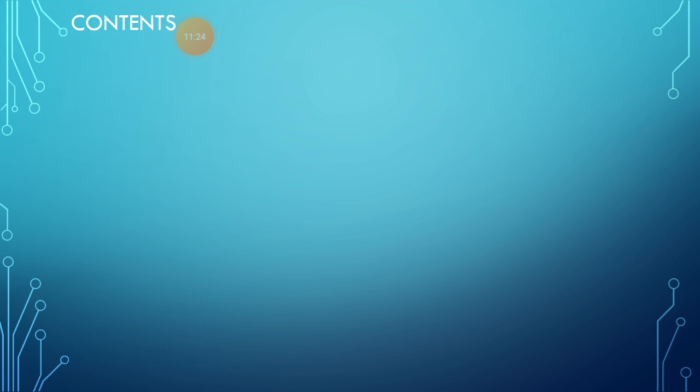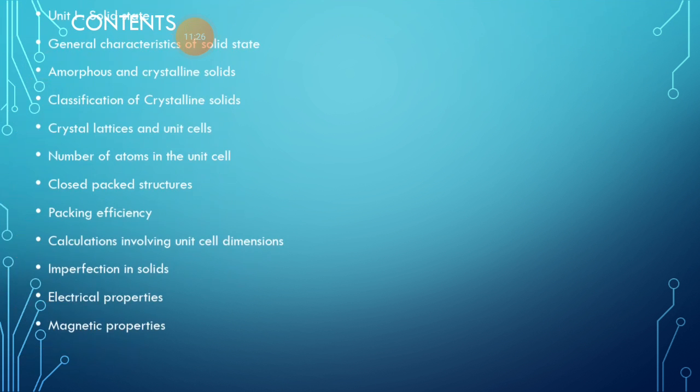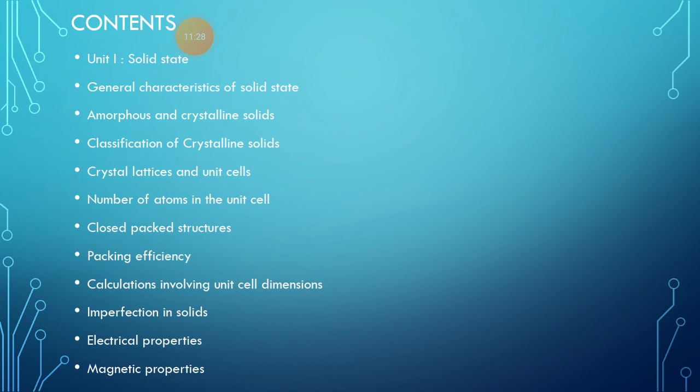So the contents for the first book of chemistry: the first unit or the first topic is solid state. What we are going to learn in this particular chapter is the general characteristics of solids.